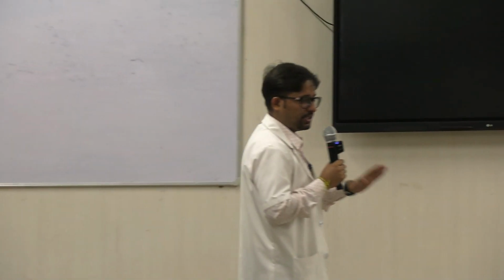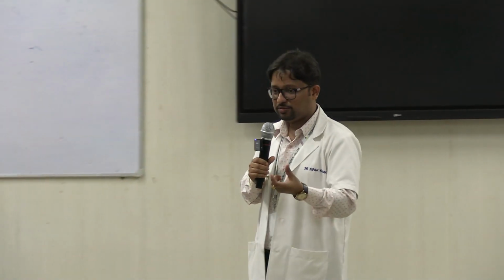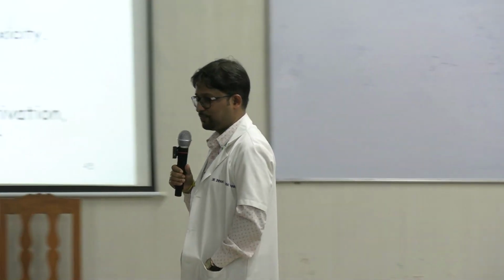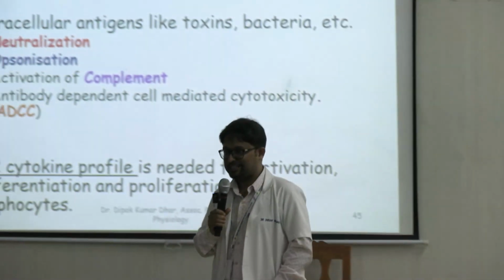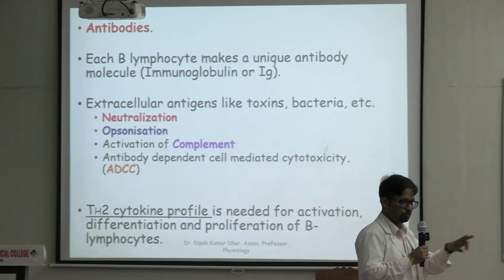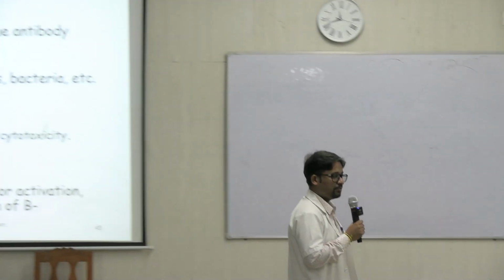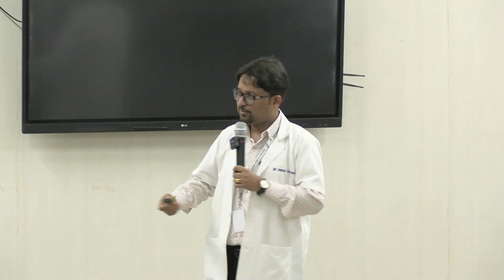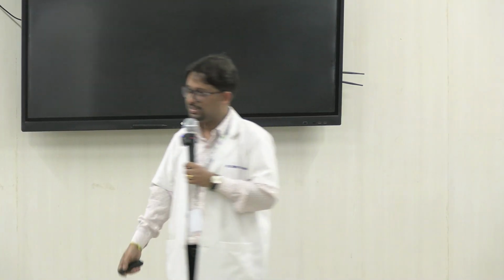Lymphocytes, before exposure, the moment they have just come out of their places of development, thymus or bone marrow, are referred to as naive lymphocytes, which have not been exposed to anything, right? Once they are exposed, once they recognize, they differentiate further into two: effector cells and memory cells. Memory cells stay there, retaining the memory. Effector cells, in the previous case, were cytotoxic T cells. For a B cell, the effector cell is a plasma cell, an activated B lymphocyte.